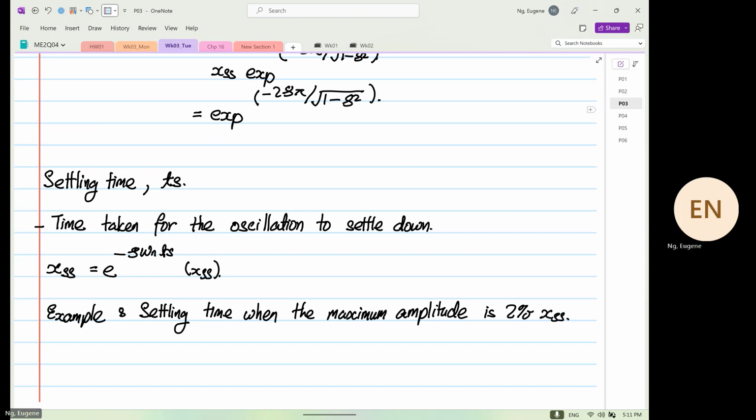Now we have to specify a value. Any idea why?